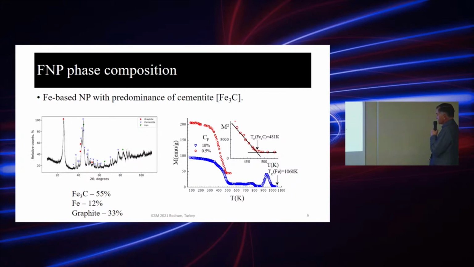Then from magnetization versus temperature, we also get the confirmation of the presence of these two phases. Blue curve is for 10% of ferrocene. And we observe two Curie temperatures. One is related to cementite and another to iron.